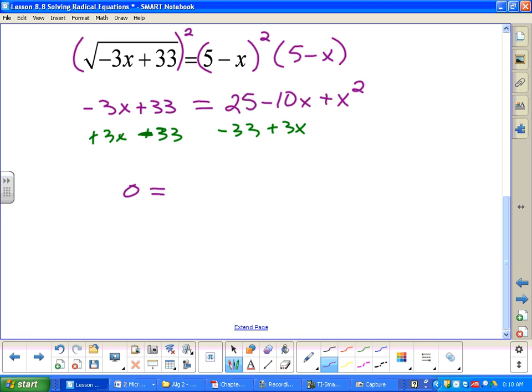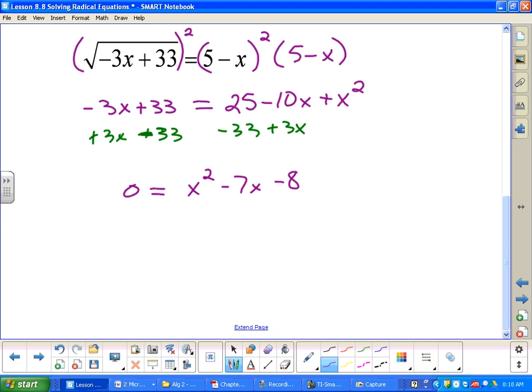So we get 0 equals x squared minus 7x minus 8. And if you want, you could even put the 0 on the other side of it. Doesn't matter which side the equals 0 is at.